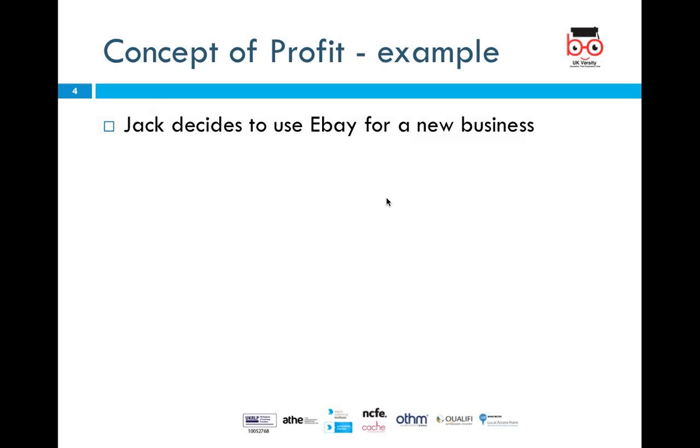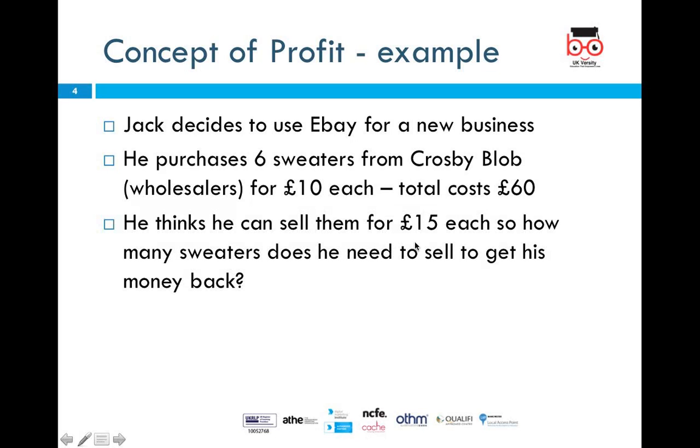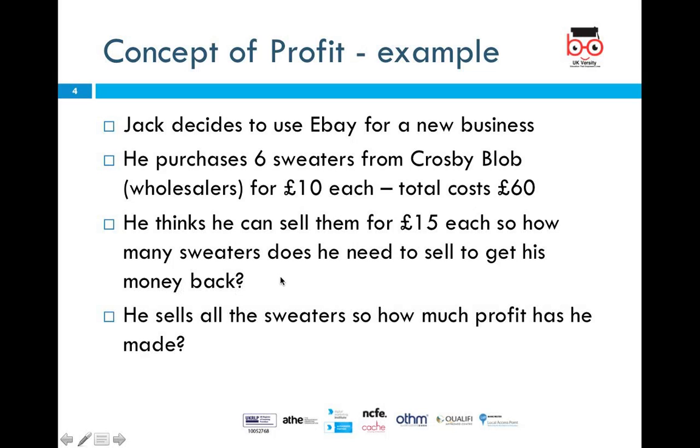Mr. Jack, who is a businessman doing a small business, decides to use eBay for a new business, and he purchased 6 sweaters from eBay Crosby bulk wholesalers for £10 each. So the total cost of the 6 sweaters is £60, and he thinks he can sell them at £15 each, because his buying price is £10. So how many sweaters does he need to sell to get his money back?